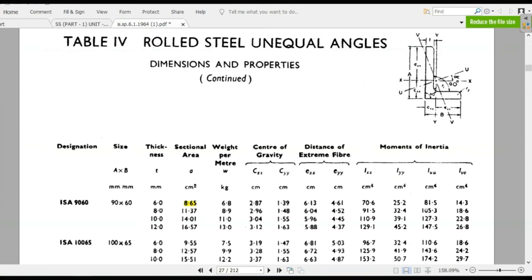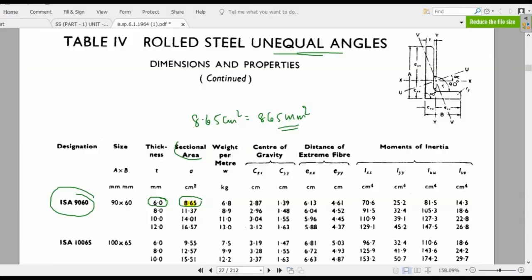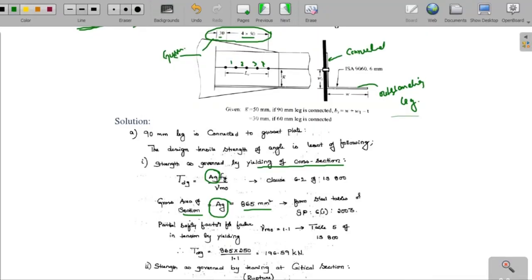From IS 808, SP 6, or from the steel tables, you can find out that for the unequal section ISA 90/60, with 6 mm thickness of the member, the cross-sectional area is 8.65 centimeter square, which is equal to 865 mm square. So on substituting the values, you get Tdg as 196.59 kilonewton.